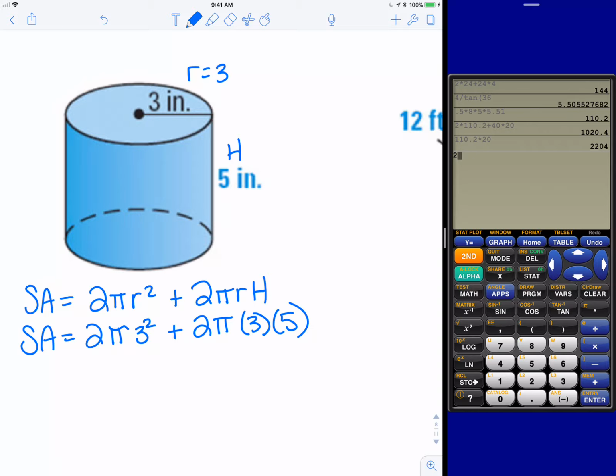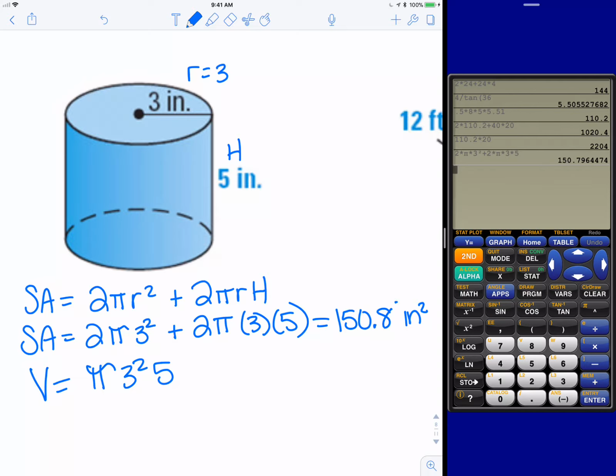So on my calculator, 2 times pi times the radius squared plus 2 times pi times 3 times 5. And I get a surface area of 150.8 inches squared.